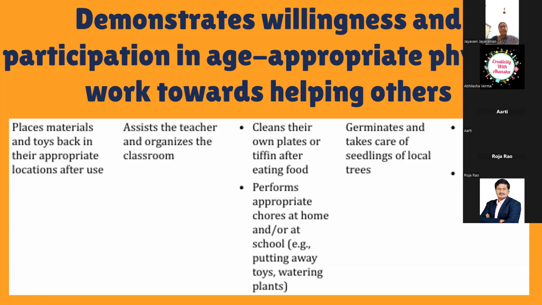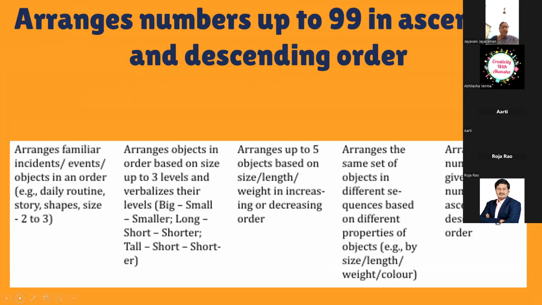So the next domain outcome, of cognitive development, is that the children develop mathematical understanding and abilities to recognize the world through quantities, shapes, and measures. For example, the children can arrange numbers from 1 to 5 in a descending order, or they can take up their incidents by tearing the calendar sheet.